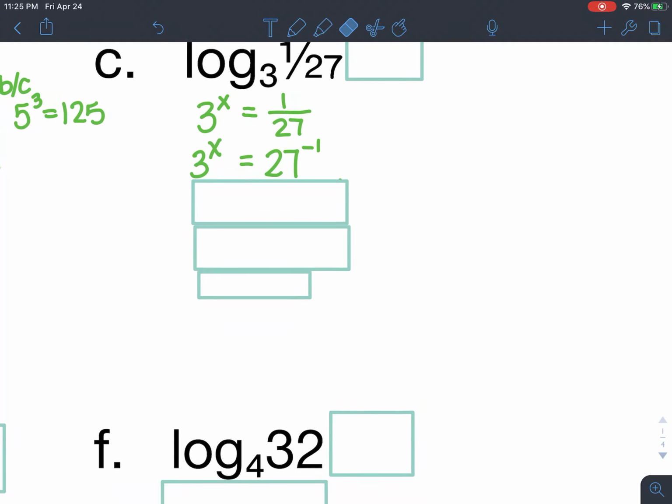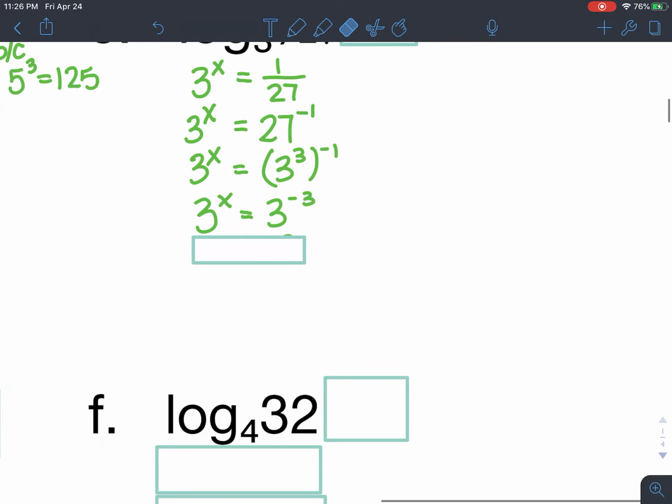And what can you say about 27? Well, 27 is 3 to the third. So 27 to the negative first should be the same as 3 to the third to the negative 1. And in this step here, we can multiply those exponents, because power to a power you multiply.